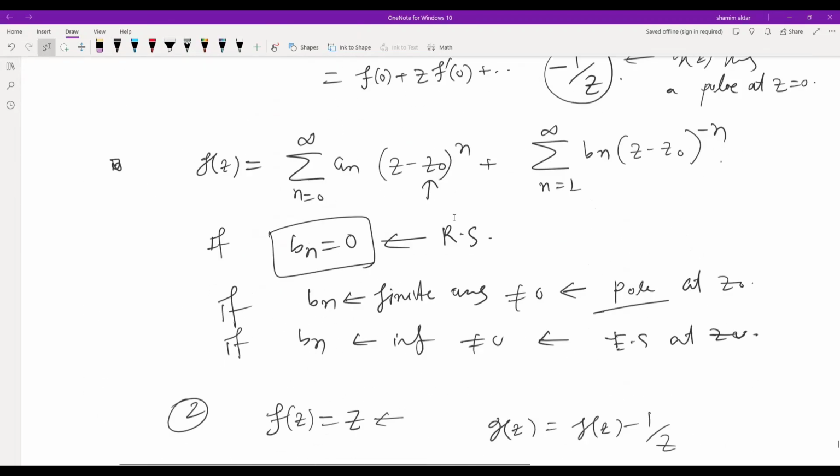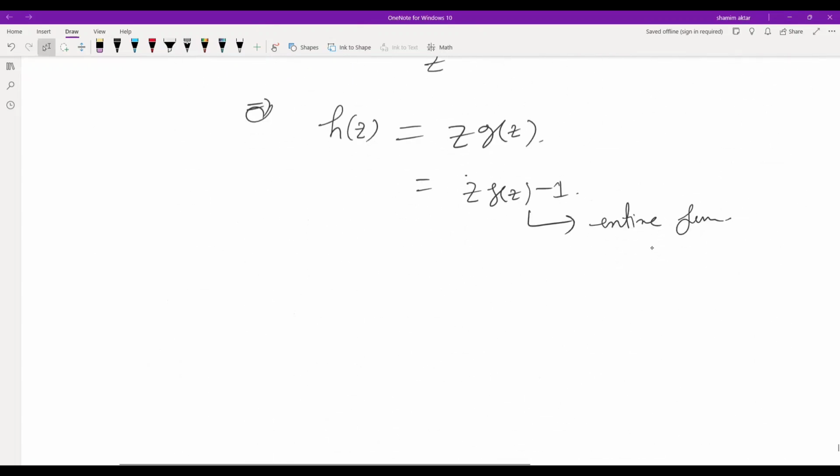Now this is an entire function, and we choose the domain |z| less than or equal to 1. In this domain, the function h(z) attains its maximum at a boundary point of the domain. This is called the maximum modulus theorem.